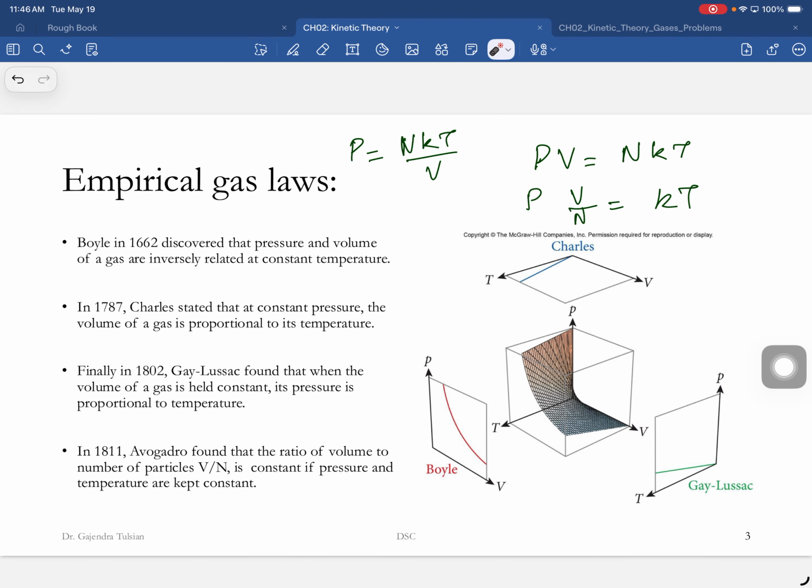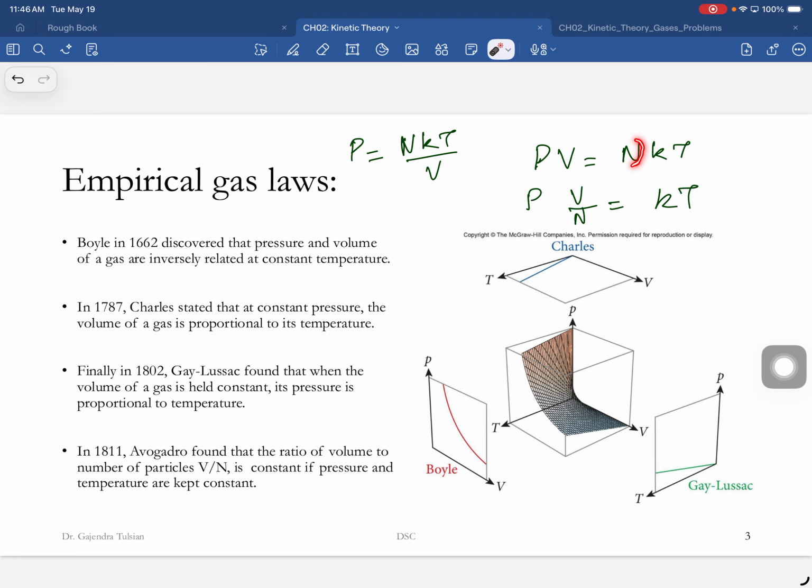these values are on this surface. No matter what you do, for a given amount of gas, all you're doing is moving along the surface. So the pressure, volume, and temperature are on that surface. You change the amount of gas, the surface changes, that's all.